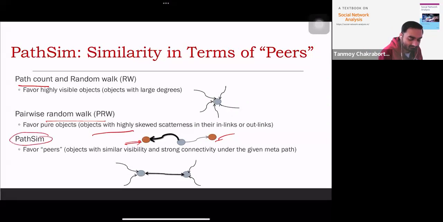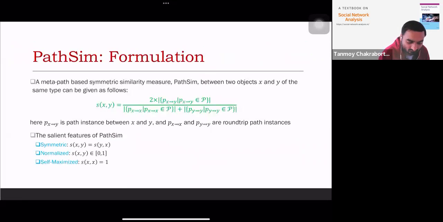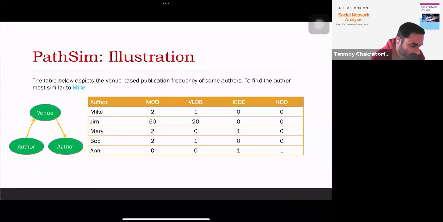Whereas the PathSim metric that we are going to discuss now basically overcomes these limitations in a very systematic manner. The idea of PathSim is very simple. So PathSim between X and Y: what you do here is something called a round trip metapath.